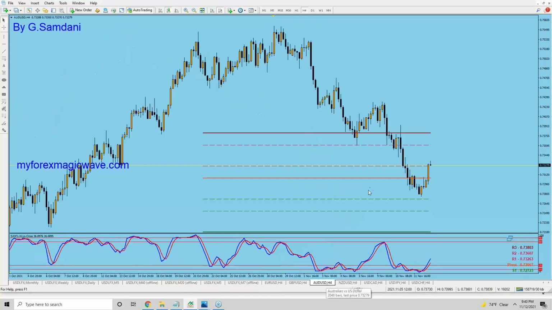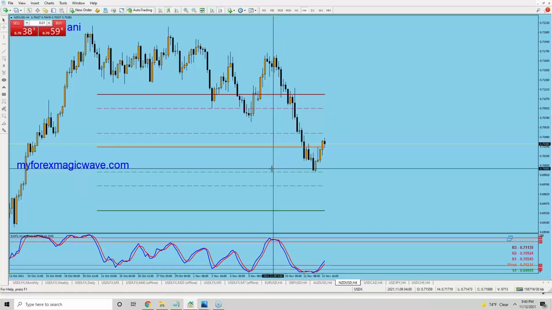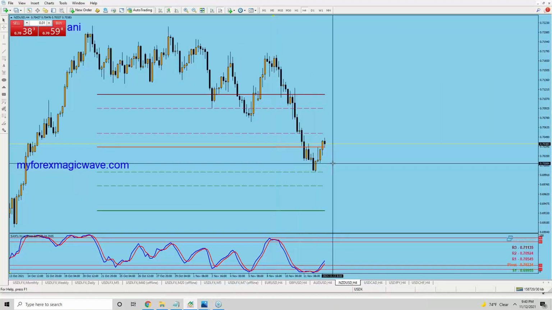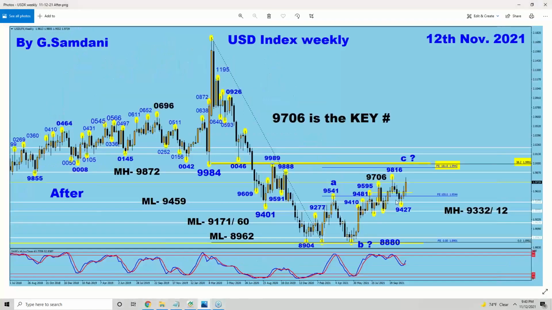Aussie USD, similar here on the 9th, drop. And then New Zealand USD, similar here, same 9th, drop. You see this candle, it starts bouncing from here on the 8th and 9th, the week starting on November 8th. And this is what happened.